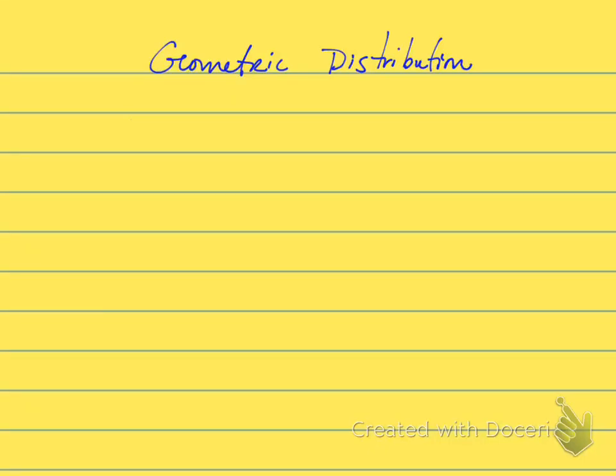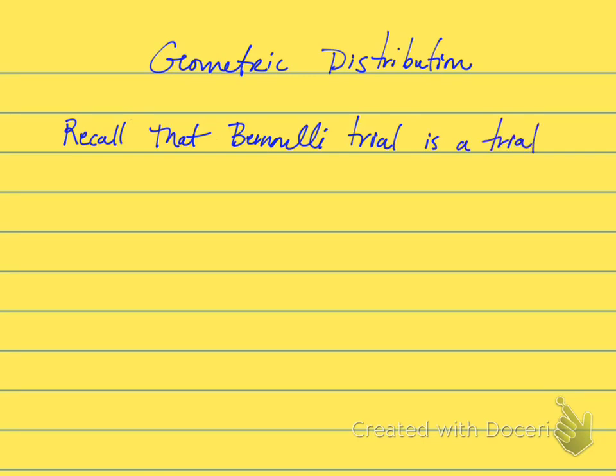All right, in this video we're going to talk about the geometric distribution. So again, recall that a Bernoulli trial is a trial with exactly two outcomes. And remember, exactly two outcomes.